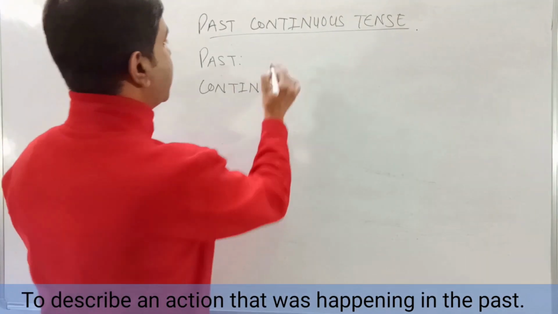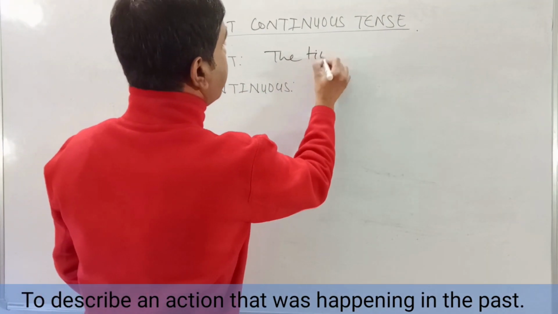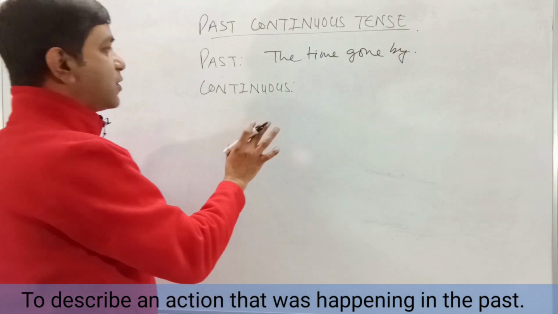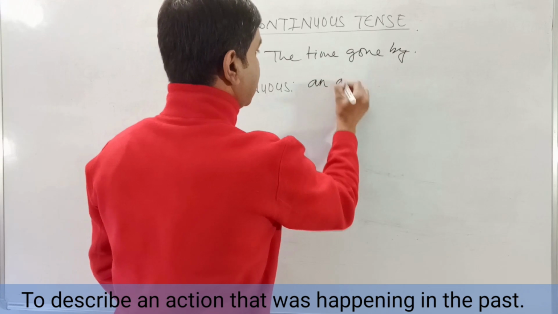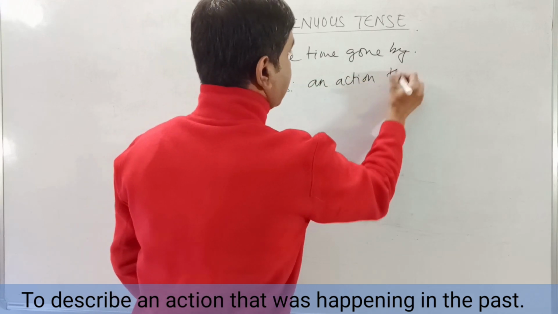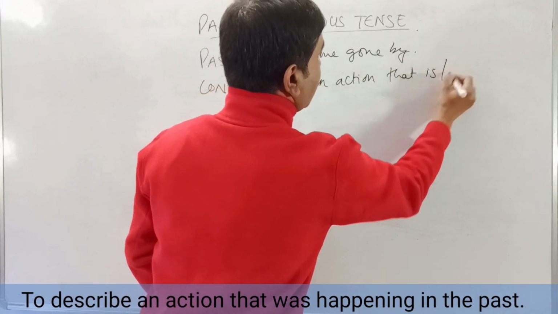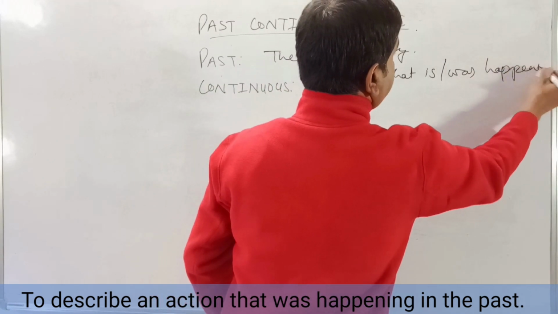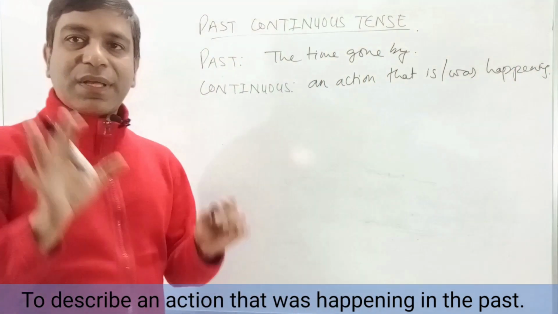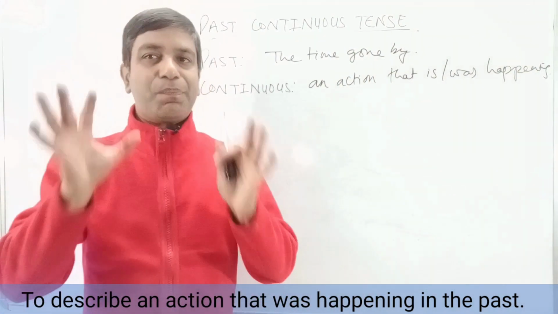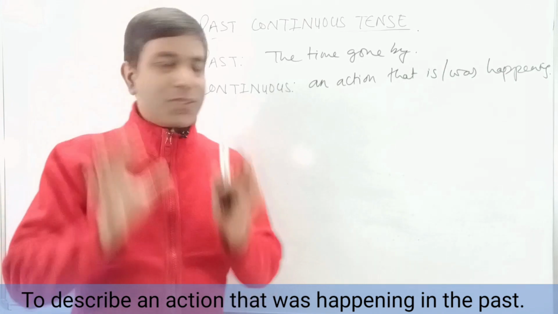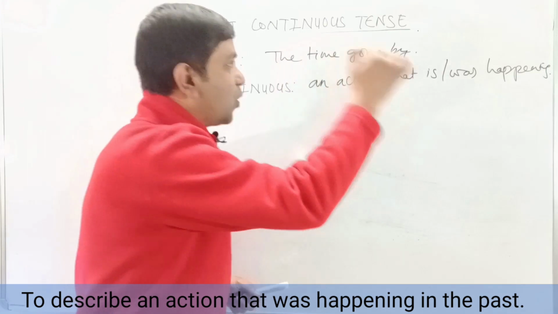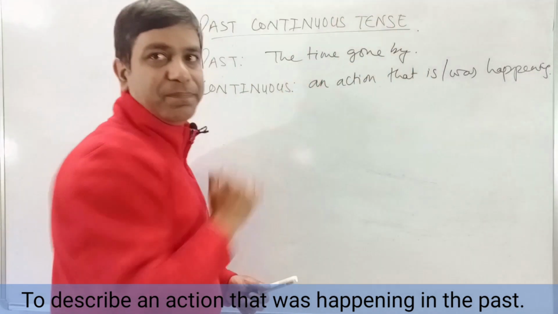Past simply means the time gone by, and continuous means an action that is or was happening. Summing up together, past continuous tense is used to describe an action that was going on in the past time.